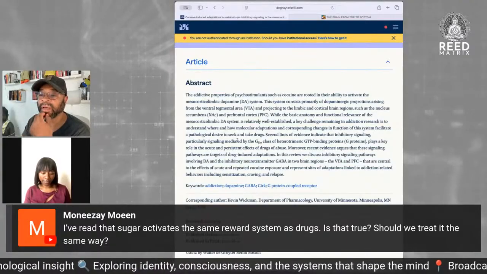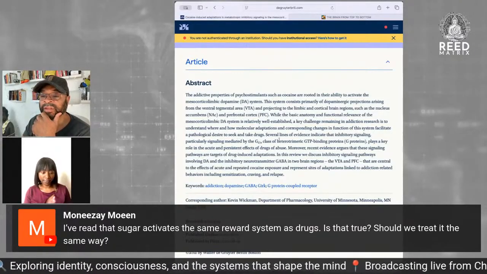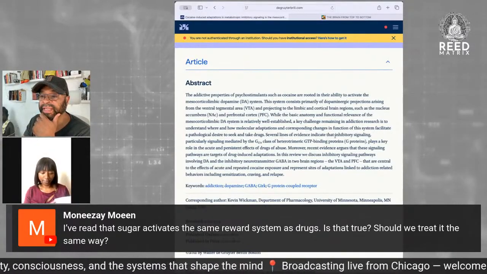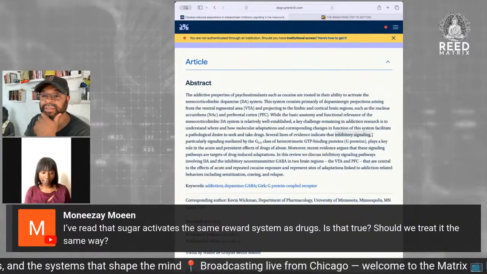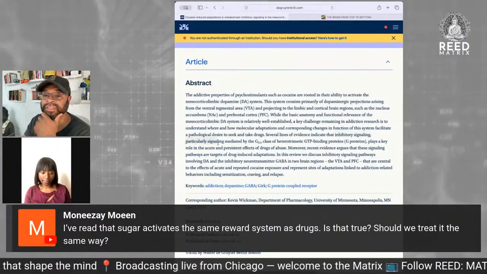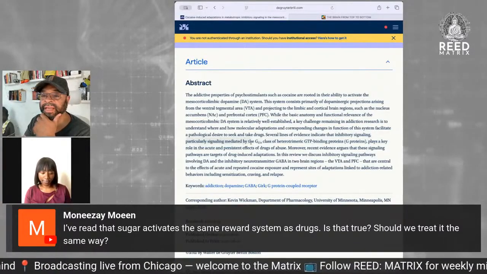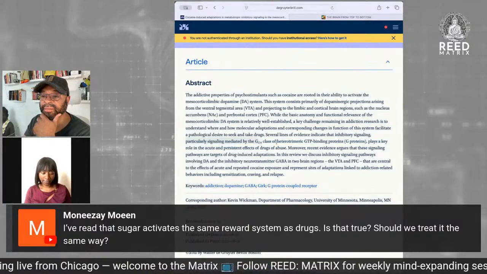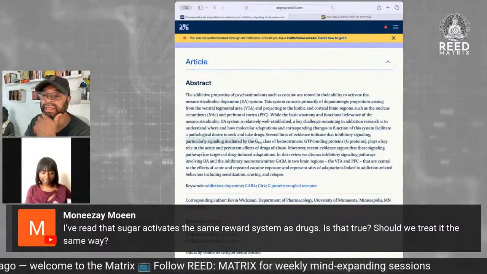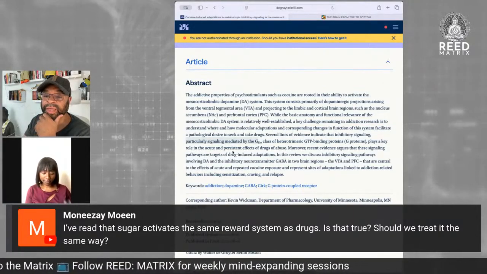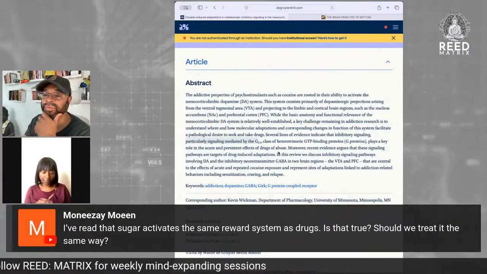Several lines of evidence indicate that inhibitory signaling, particularly signaling mediated by this G protein, plays a key role in the acute and persistent effects of drug abuse.